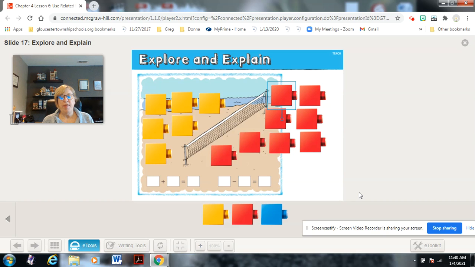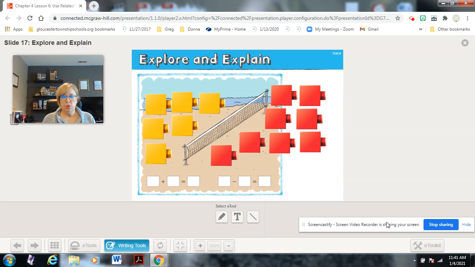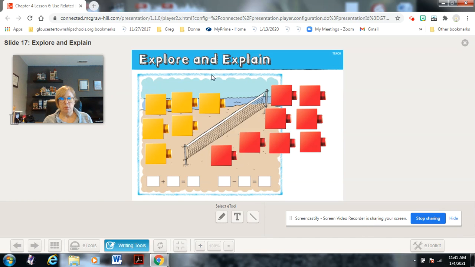They would like us to take the numbers that they've given us, the players, and write an addition number sentence. Notice they already have it laid out here for us to show the cubes. So I would like you, using your players, to write the addition number sentence. Do that now.